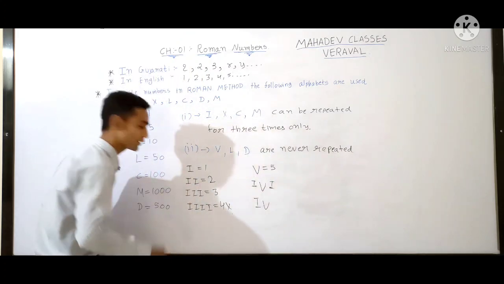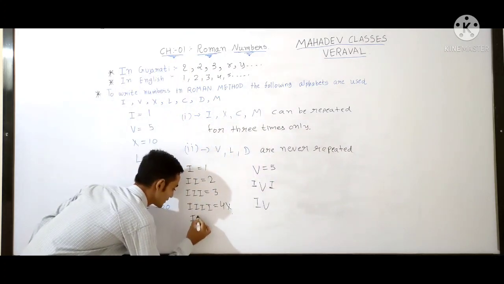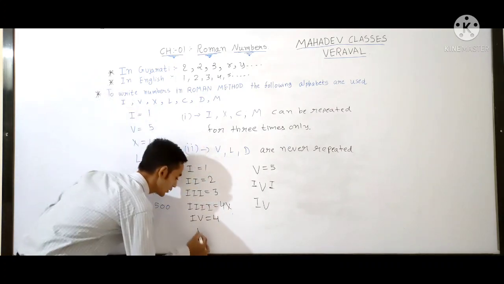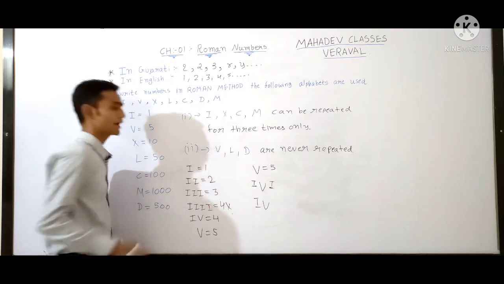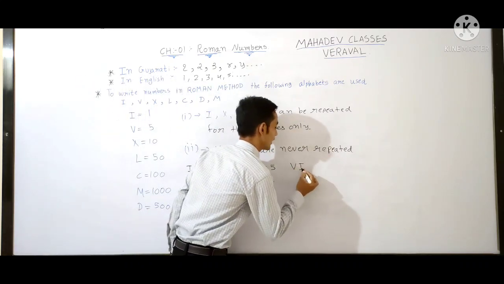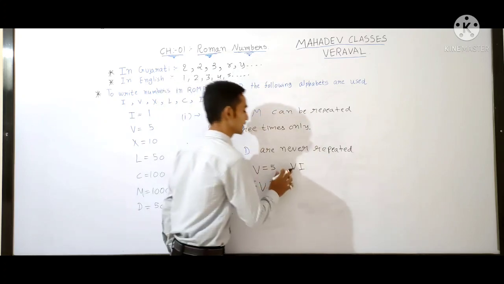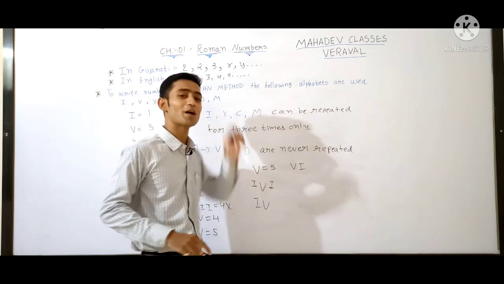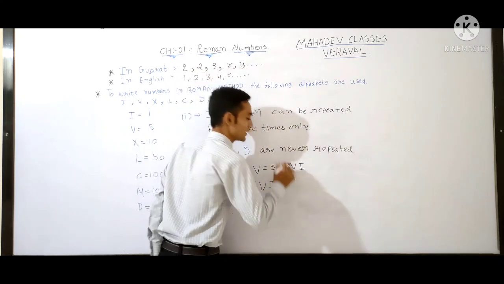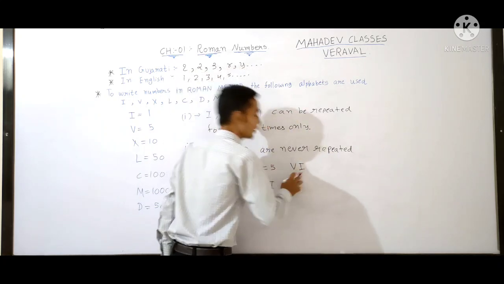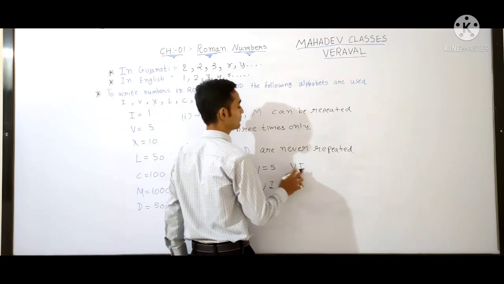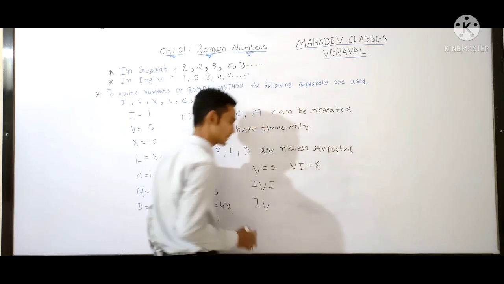So we can write it like this: IV is equal to 4. And V is equal to 5. Now if you write I on the right side of the V symbol, you have to do the process of addition. V means 5 and we have written I on the right side, so we add: 5 plus 1, you will get 6.